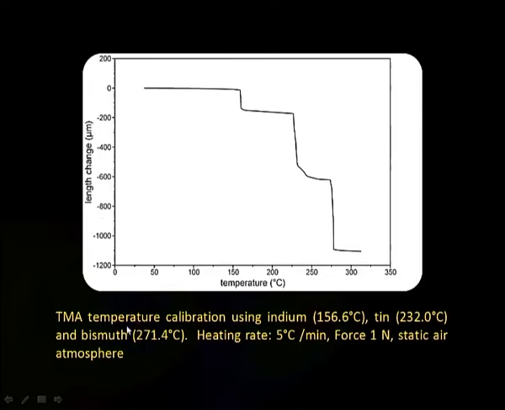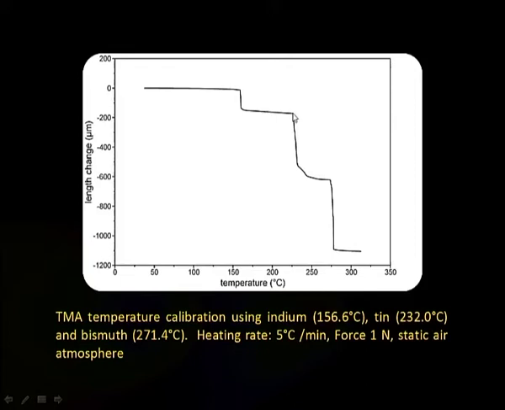For calibration, if we are using indium, tin and bismuth, at a heating rate of 5 degrees Celsius per minute and force 1 Newton, in static air atmosphere, we must get a curve in which the temperature up to about 150 degrees, the length remains constant. Then there is a sharp decrease and then again the length becomes constant.